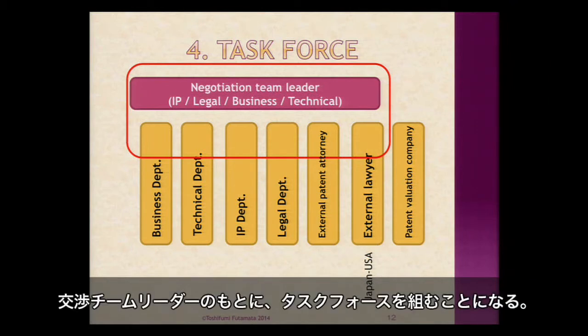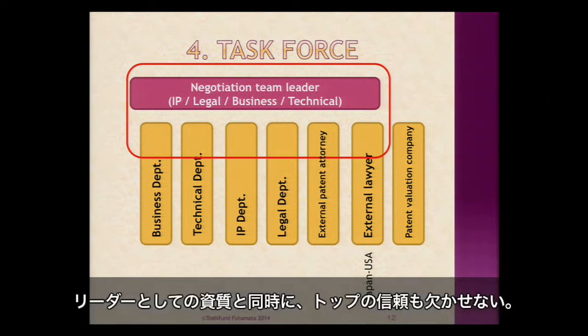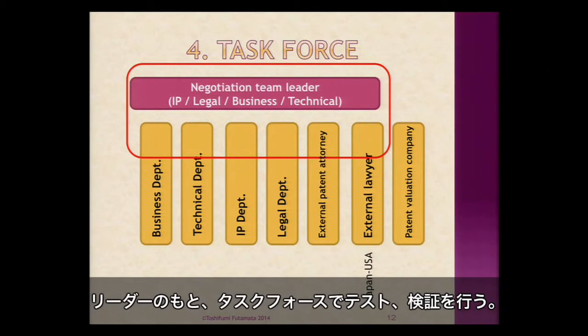Negotiation leaders come from different departments like I said, IP, legal, business, technical, but it is necessary to have someone with a broad cross-section perspective and negotiation ability. The negotiation leader must have leadership, qualifications, and the trust of top management, without saying. Sufficient testing or cross-checking is available through this task force.